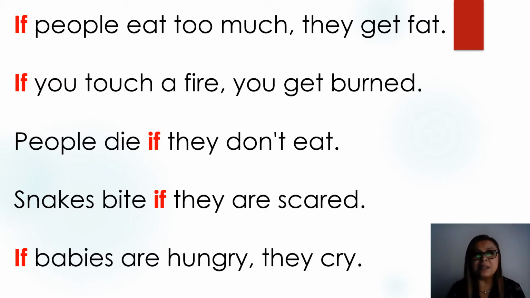So maybe you can say, teacher, can I use people too in the second one? Yes, you can use people. Tal vez algunos de ustedes me pueden decir, profesora, y podemos utilizar people en lugar de they. Sí. Entonces, la cuarta oración, ustedes pueden decir, snakes bite if snakes are scared. Las culebras muerden si las culebras se sienten asustadas.